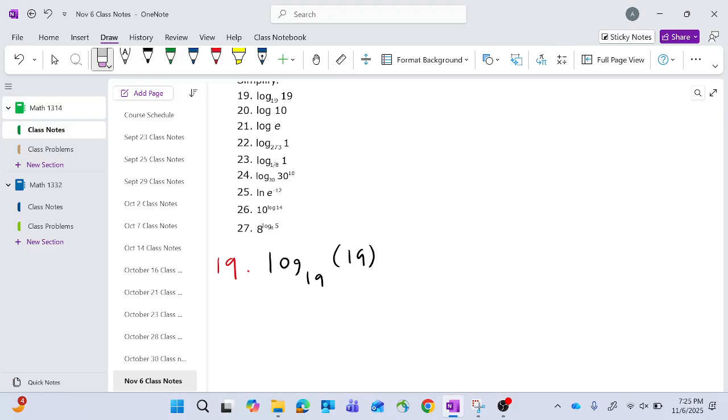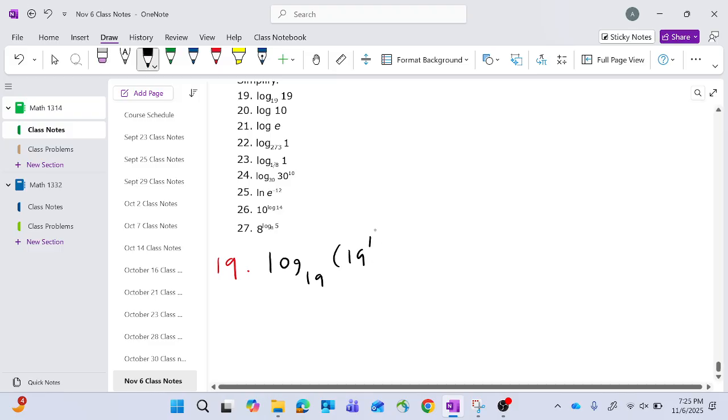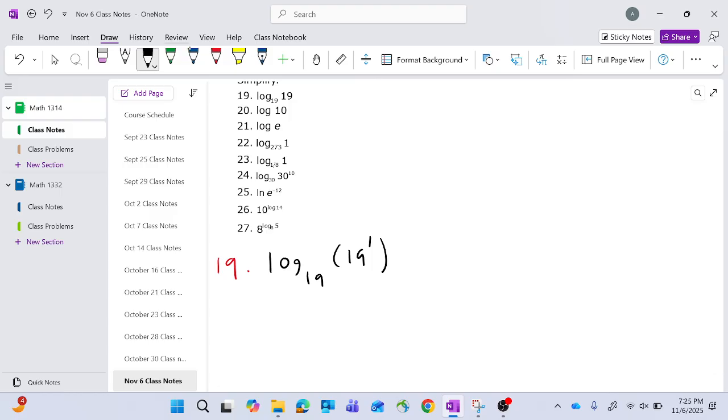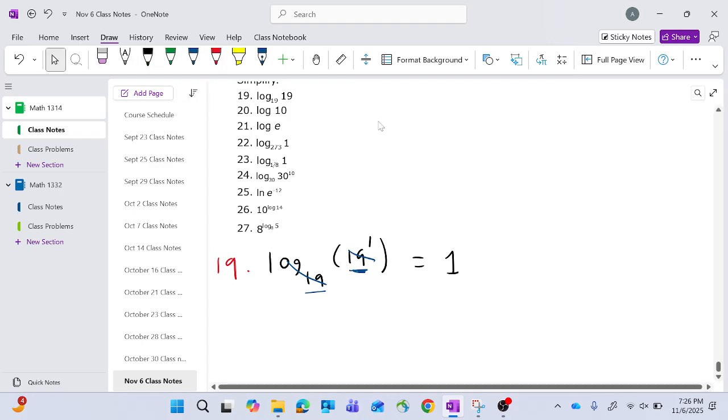Well, let's actually write it like this: 19 to the first power. If the base of the log and the number you're taking the log of are the same thing, these cancel out, and you're just left with 1. Make sense?